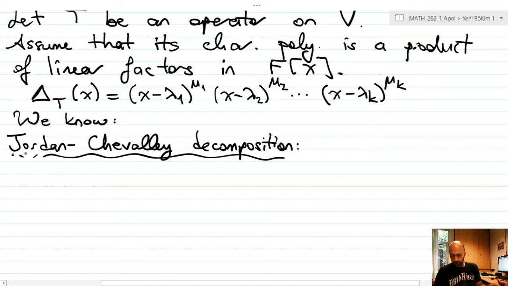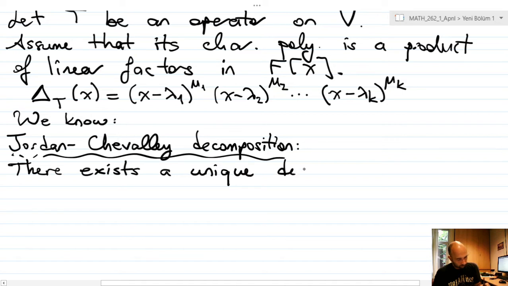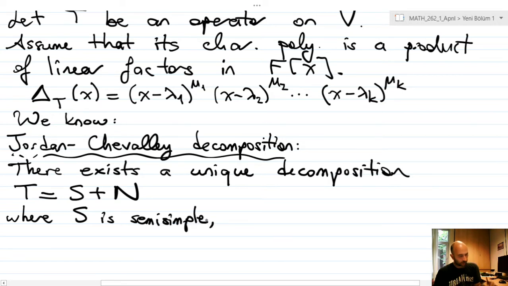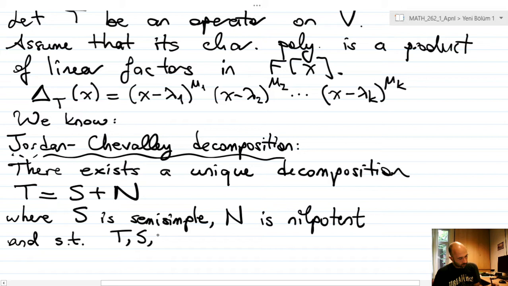The statement is there exists a unique decomposition of T as the sum of two operators S and N, where S is semi-simple and N is nilpotent, and furthermore, all these three operators T, S, and N pairwise commute.